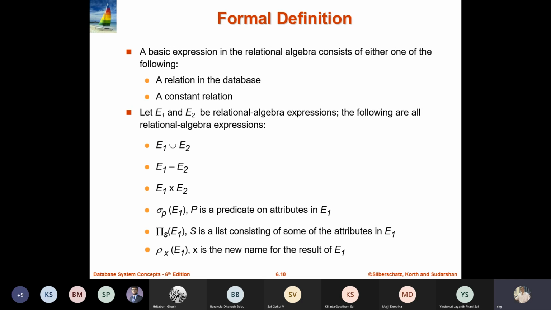A basic expression of relational algebra consists of either a relation in the database or a constant relation.